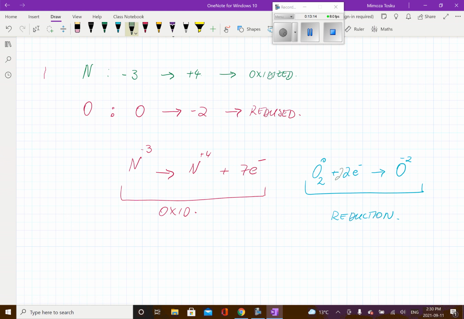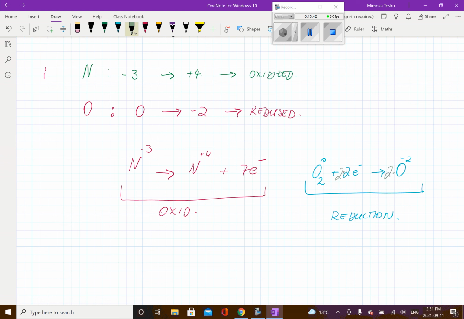So instead of having 2 electrons, we have 2 times 2, which is 4 electrons. And instead of having 1 atom with a charge of -2, we will have 2 atoms with a charge of -2.